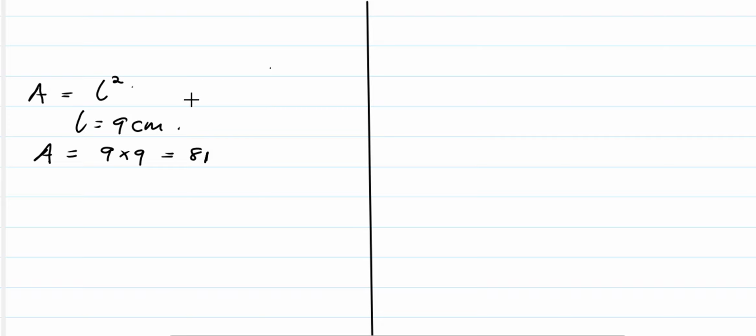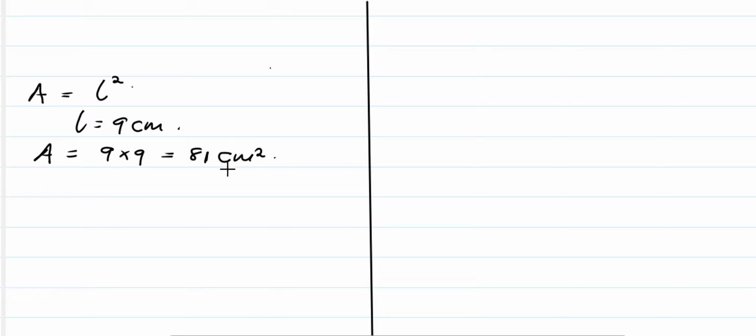So area of a square is L squared, the length squared, and L here you are given as 9 centimeters. So area is equal to 9 multiplied by 9, or 9 squared. 9 by 9 is 81. But we also have the centimeters here, so it will be 81 centimeters squared.